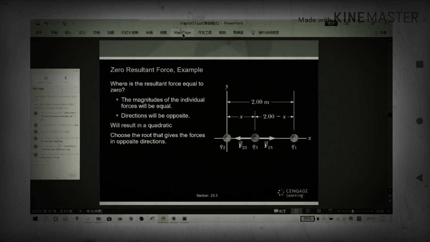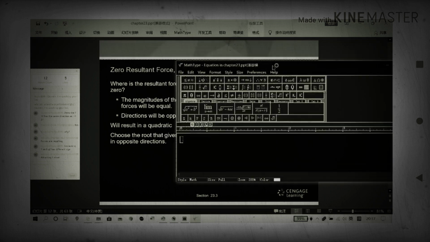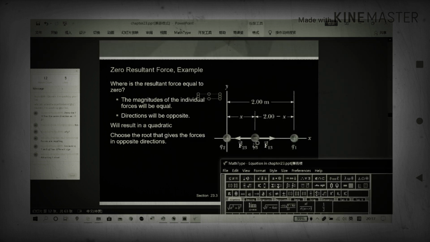Let me do this very quick, okay? So we have force from Q1 on Q3, which is F13, in this direction, because there are two different signs.